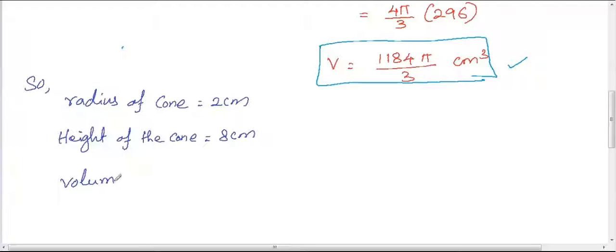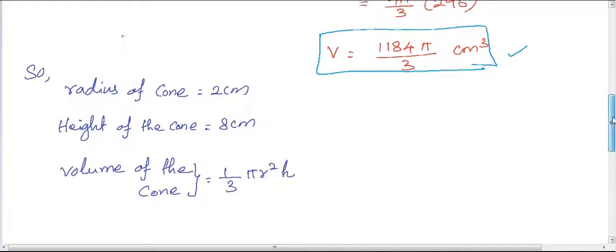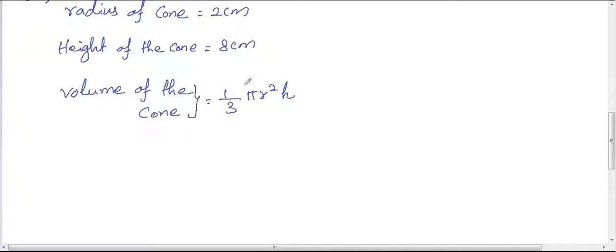Now find the volume of the cone. We know the formula for the volume of the cone is 1 by 3 pi r square h. We know the radius value as well as the height of the cone, so just substitute the values. 1 by 3 into pi into r square, which is 2 square, into h, which is 8. 2 square is 4, so 1 by 3 into pi into 4 into 8, and 4 times 8 is 32.